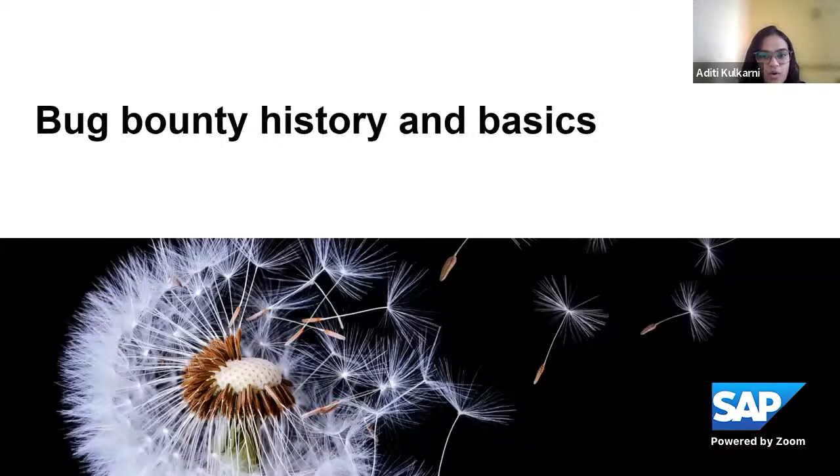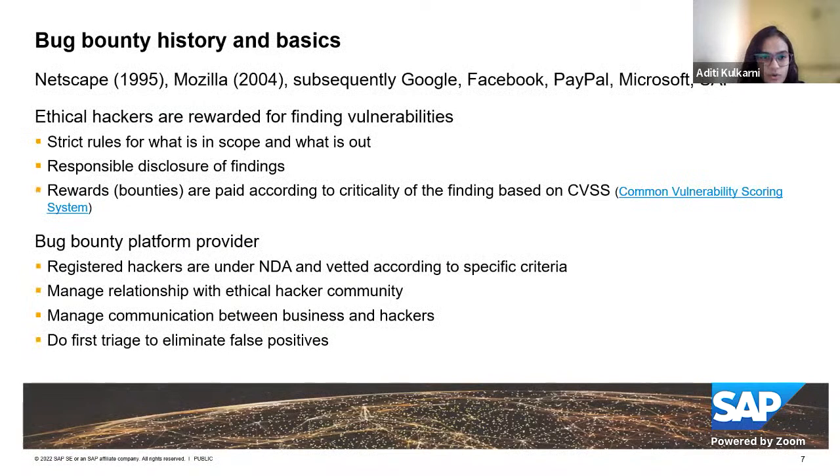So let's see how it started off. Bug bounty has been around from around 1995. That's when Netscape started to follow this kind of concept to broaden their security assessments in terms of bug bounties and monetize the vulnerabilities they received.